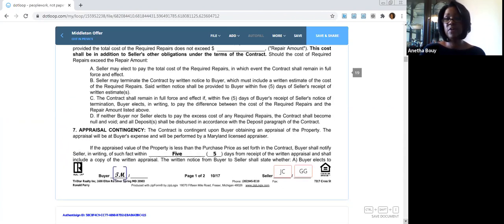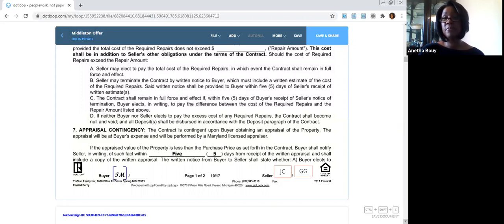It does give a time frame to give notice to the buyer if, when the appraisal is done, the appraised value of the property is not that of the sales price. It gives the buyer the opportunity to then go back to the seller and say, Mr. and Mrs. Seller, we would like to amend our offer to the appraised value.